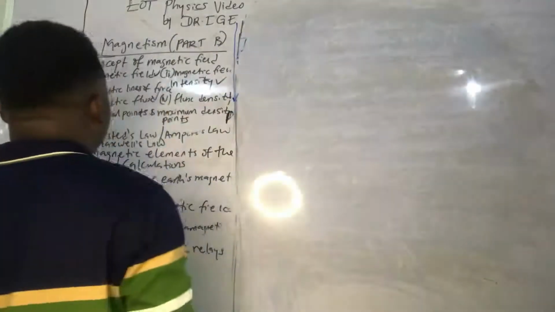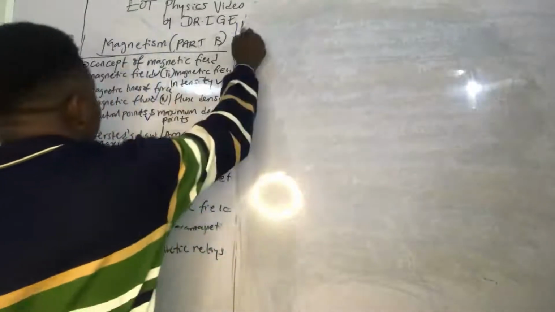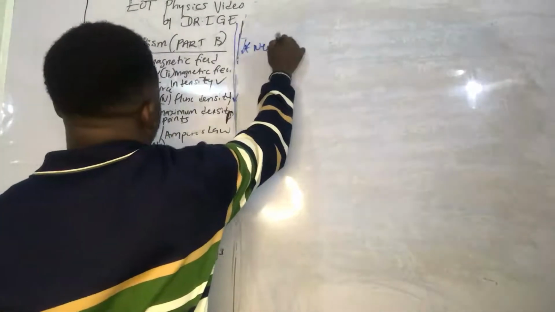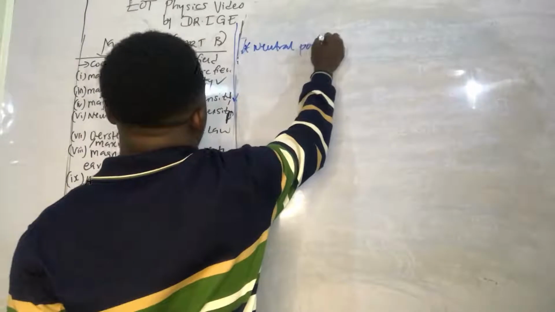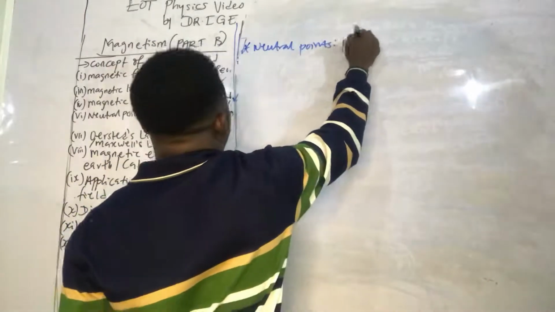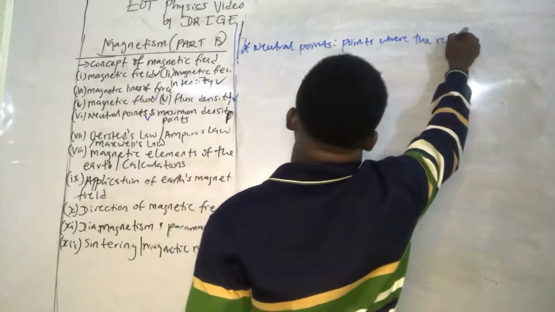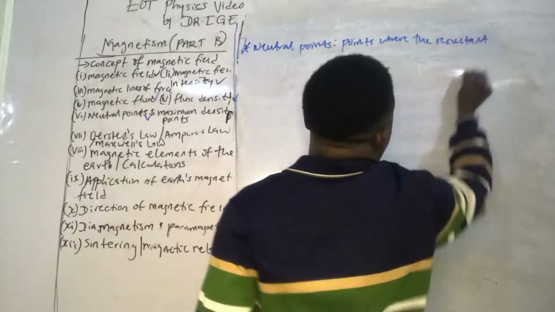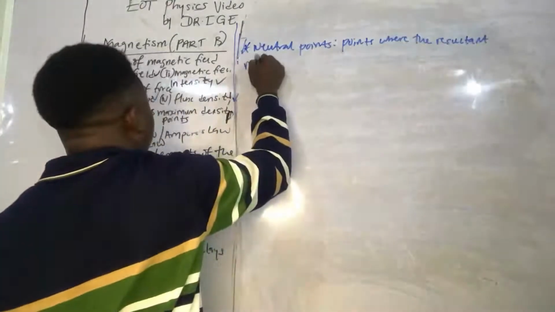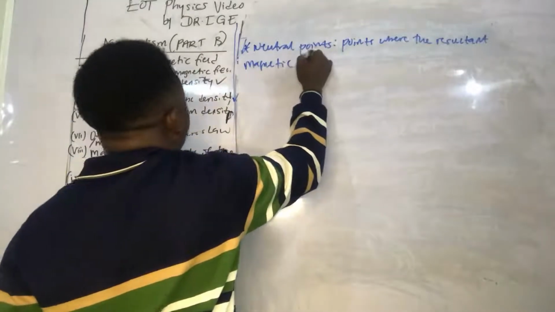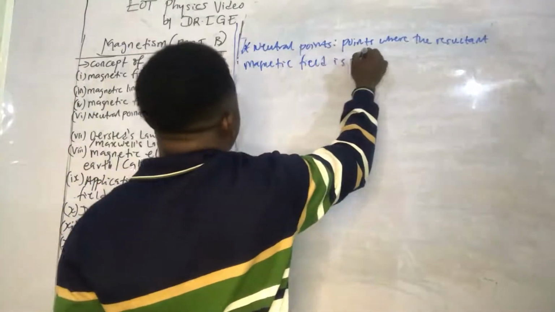Alright, so we're going to talk about neutral points now. Neutral points are points where the resultant magnetic field is 0.